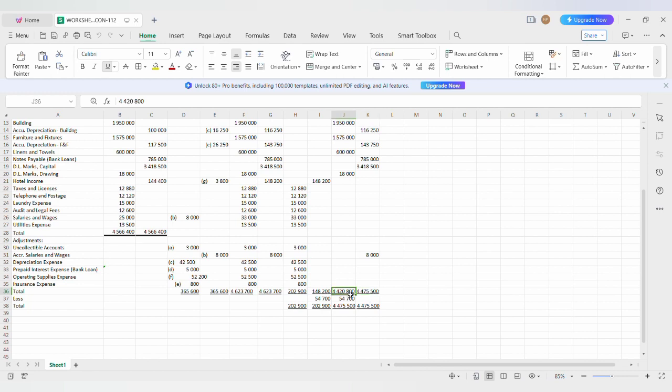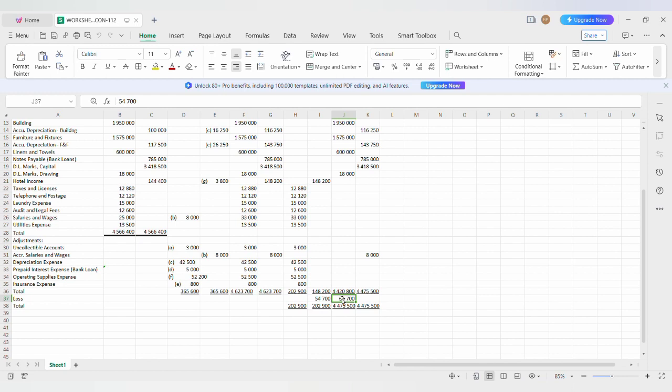And since this is a balance sheet, we need both sides to be balanced. Now, if you subtract the credit sides from the debit side, you will get 54,700.